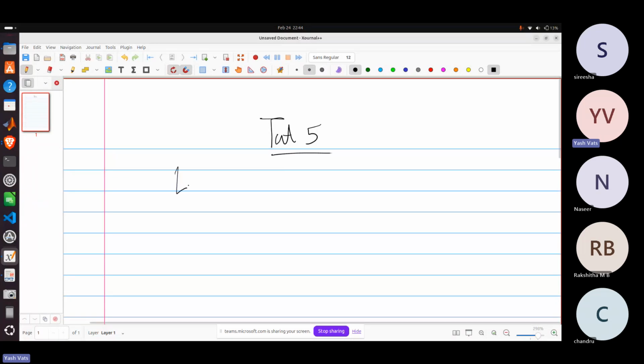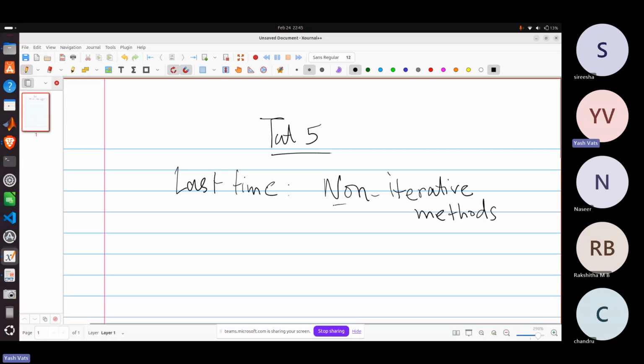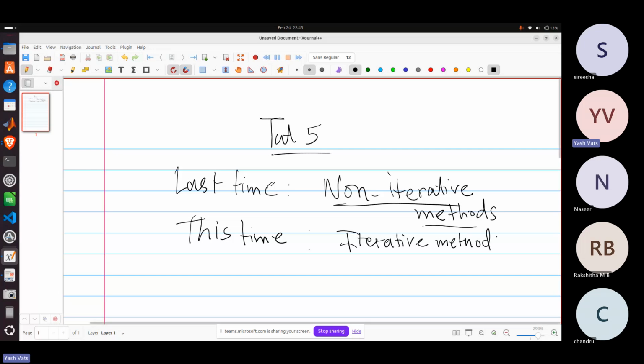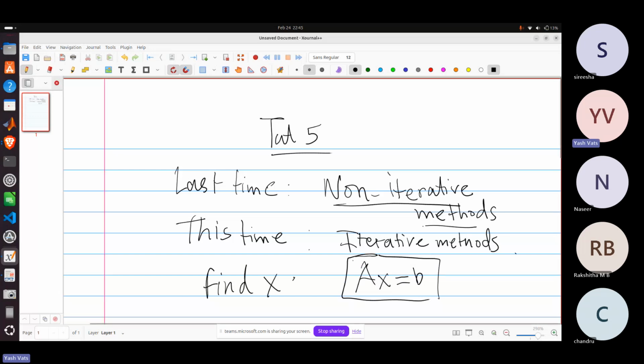Last time we discussed non-iterative methods, and this time we discuss iterative methods, of course, to solve Ax = b, find x, given A and b.